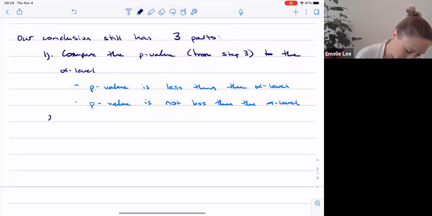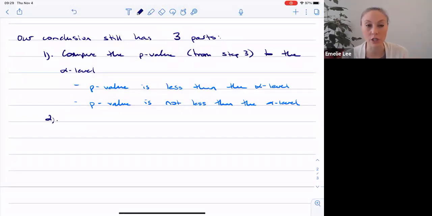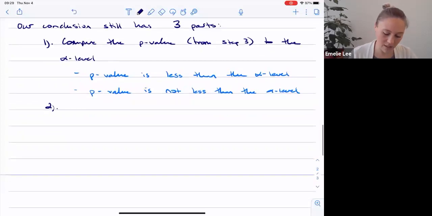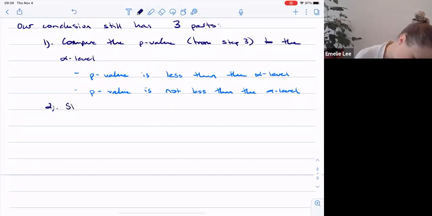Then the second step is to state the conclusion in terms of the null hypothesis. Notice how that's the same step as before, but it's going to depend on the p-value. So state the conclusion in terms of H naught.